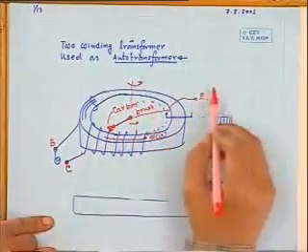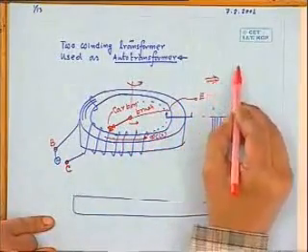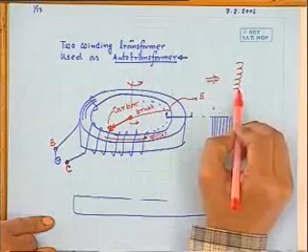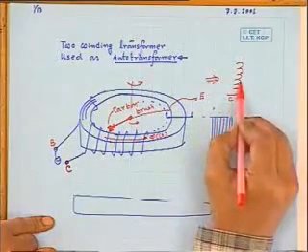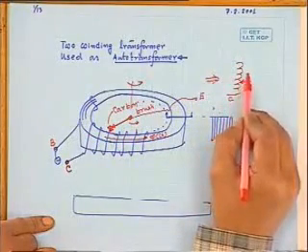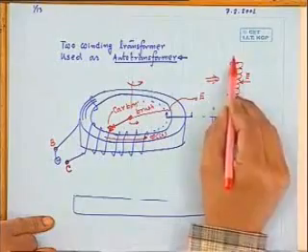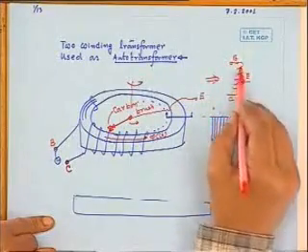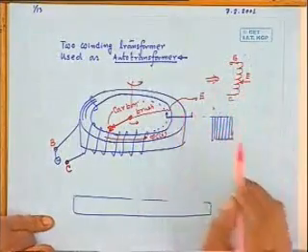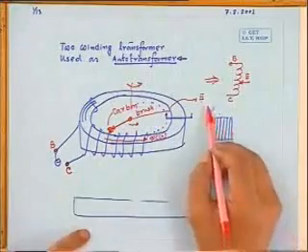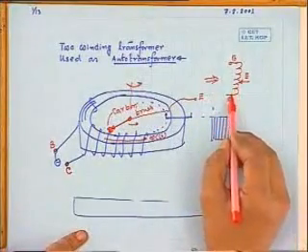So this diagram can be symbolically shown like this. C here, E here, and this I am calling B, and it is wound on a closed magnetic circuit like this. Okay, so this is the representation of an autotransformer.